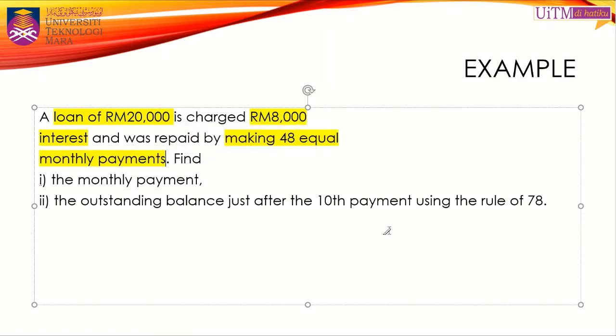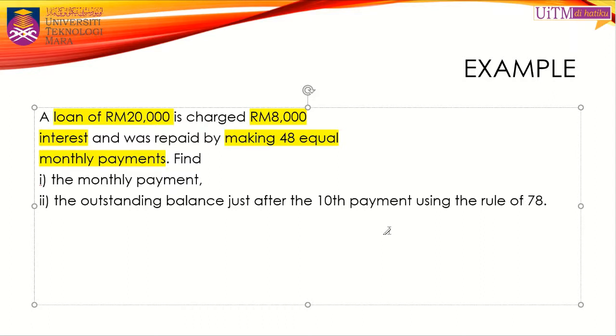So the total number of payments, small letter n, is equal to 48, and the payment terms are on a monthly basis, so small letter m is equal to 12.